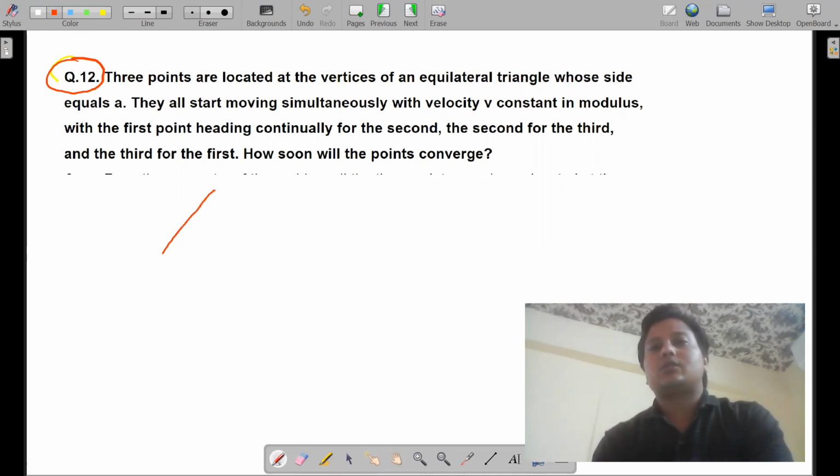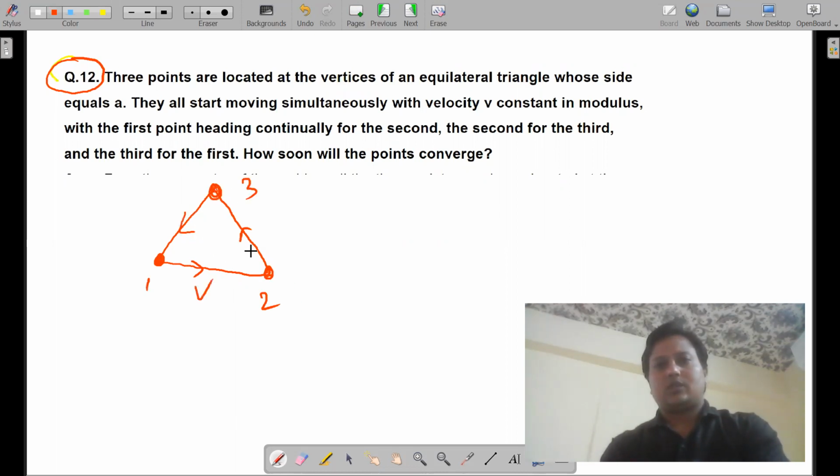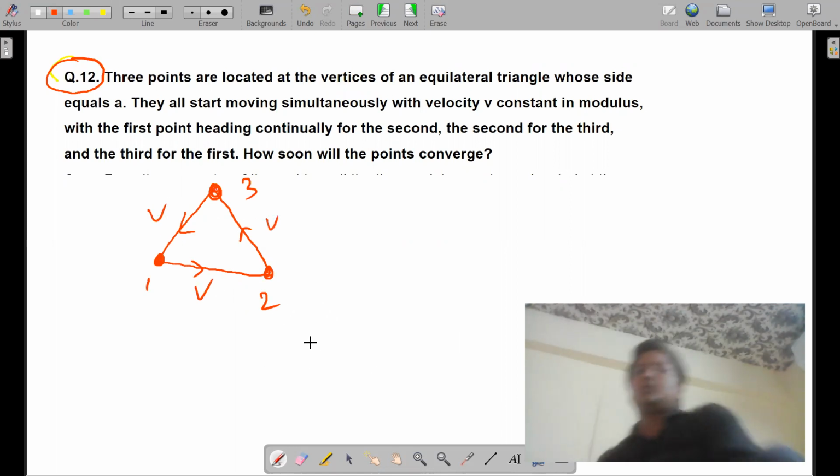The question is, there is an equilateral triangle having its angles 60 degrees and side lengths the same. Body 1 is heading toward 2, 2 is heading toward 3, and 3 is heading toward 1, with constant moduli of the velocity, meaning the speed is constant.